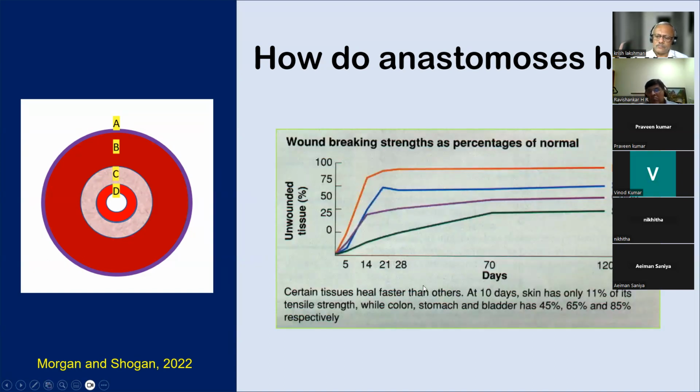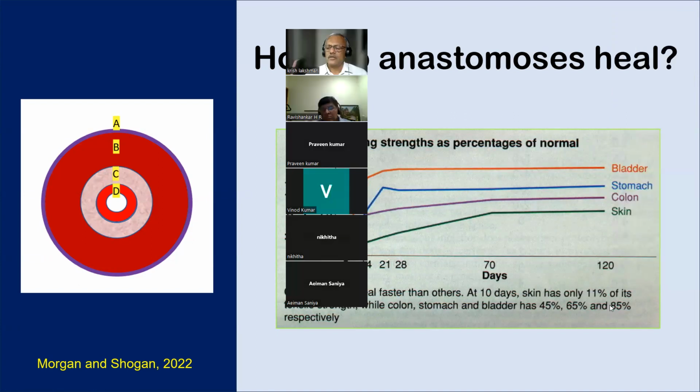This is a picture that I think all of us who deal with the GI tract must remember. In the gut itself, the way the stomach heals, the colon heals is very different. And if you take the urinary bladder, that is different. Skin, perhaps the least in terms of tensile strength.